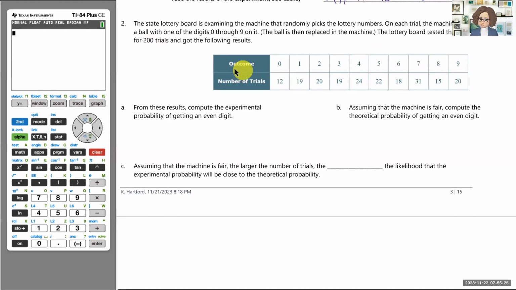All right, so these balls in the machine have one of those digits. So I'm just going to indicate here, when we look at our machine, that will tell us our sample space. So there are how many balls in the machine? So 1, 2, 3, 4, 5, 6, 7, 8, 9, 10. 10 balls in the machine.